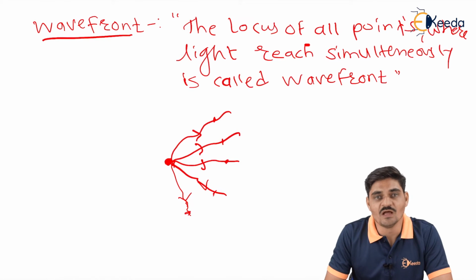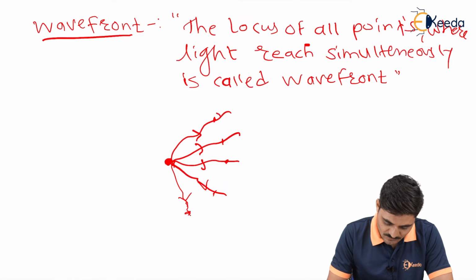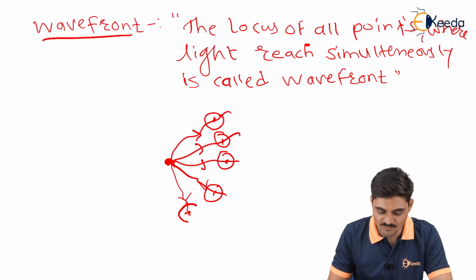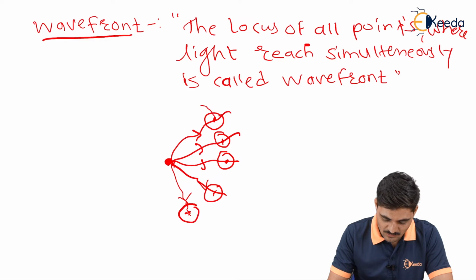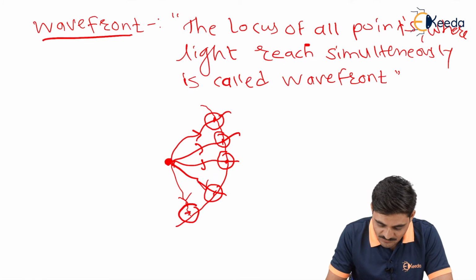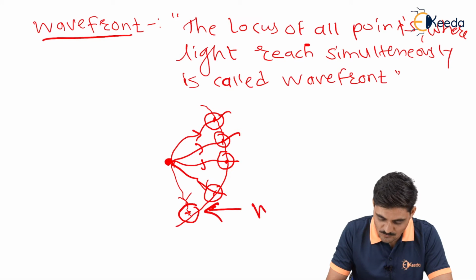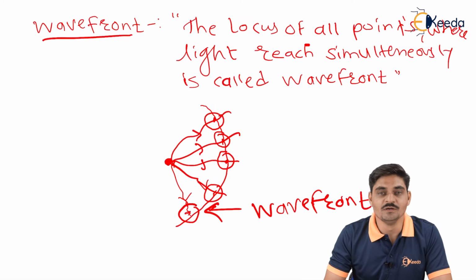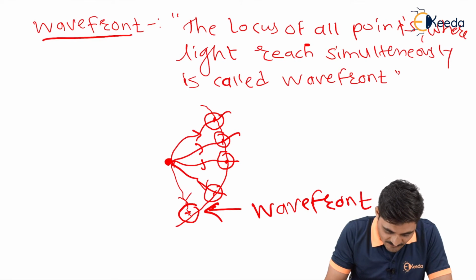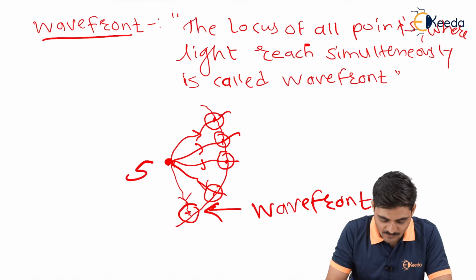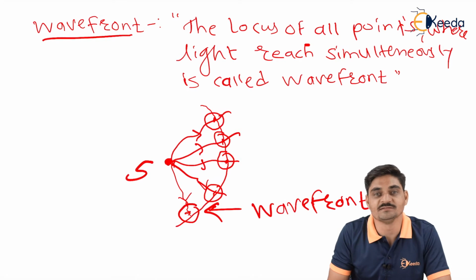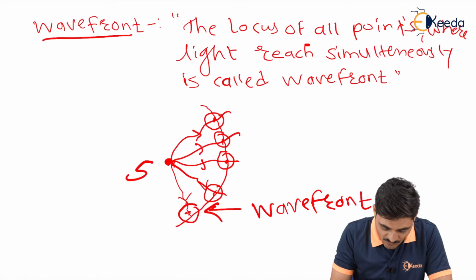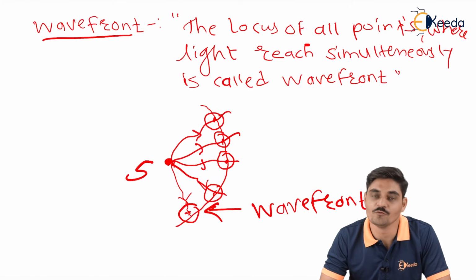So I will join the locus of all these points. I am marking the points and the locus of all these points will be known as wavefront. So the thing which is necessary to understand is that light when starting from source reaches all these points simultaneously and then locus of all these points is known as wavefront.